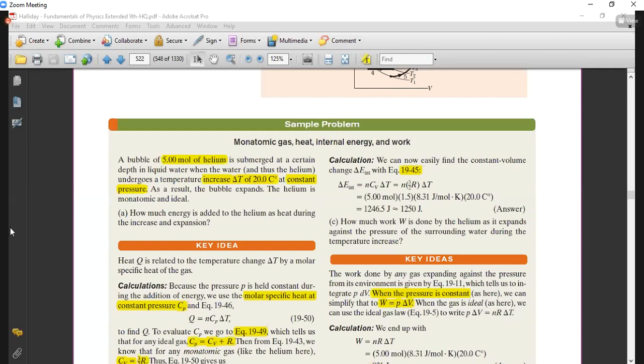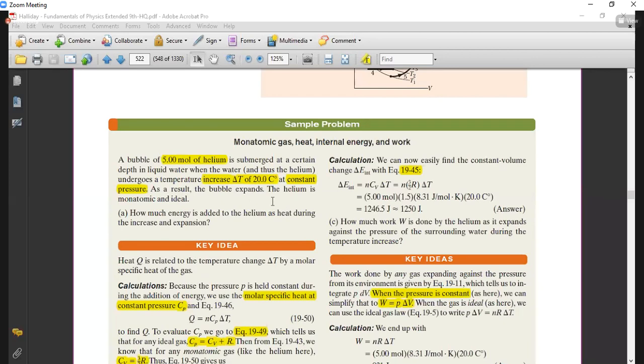Okay, so a bubble of 5 mole of helium is submerged at a certain depth in liquid water. When the water undergoes a temperature increase, ΔT of 20 degrees centigrade at constant pressure, as a result the bubble expands. Since we are dealing with constant pressure, obviously the volume will increase.